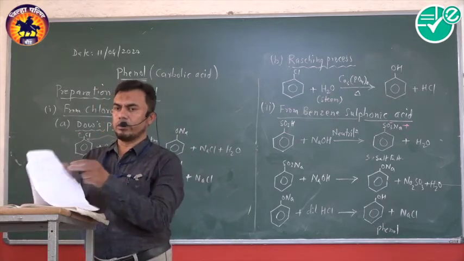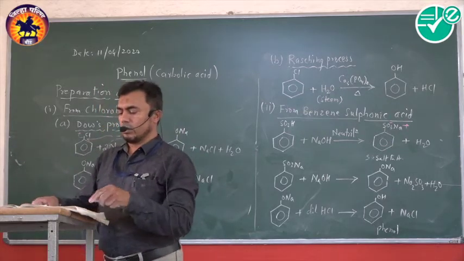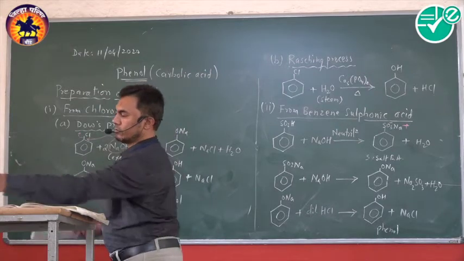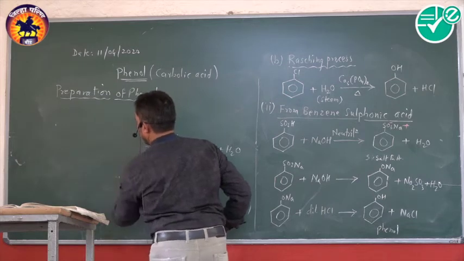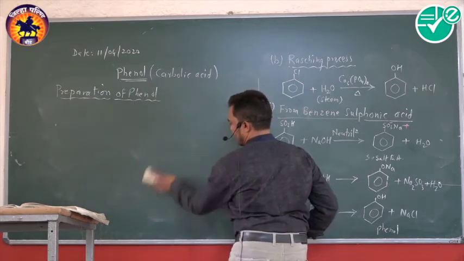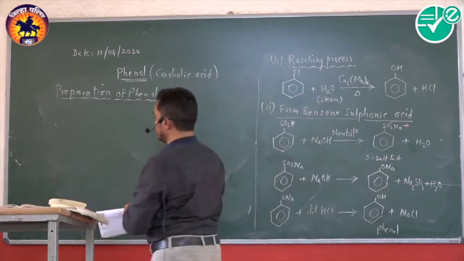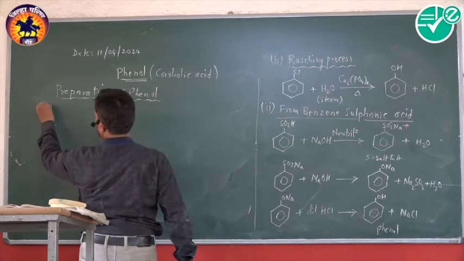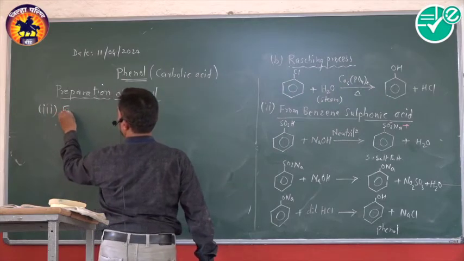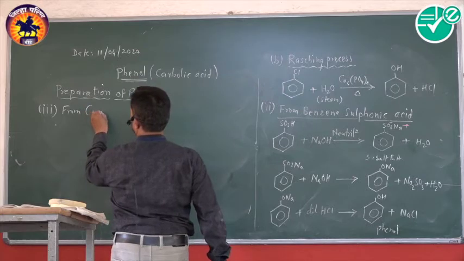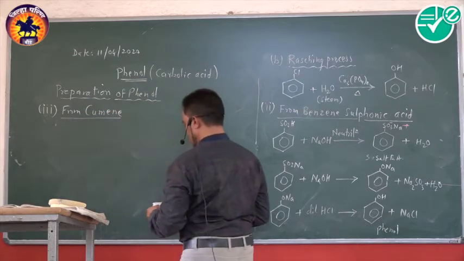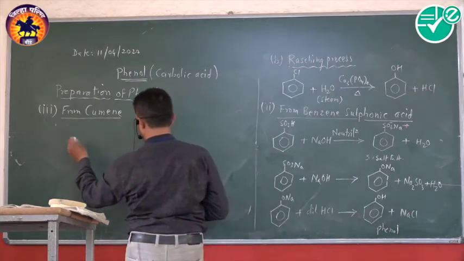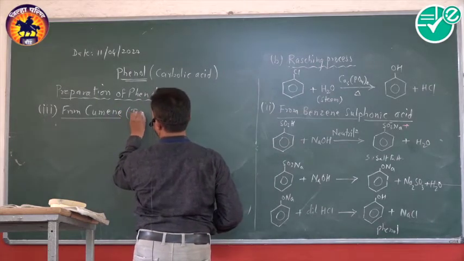We will move to the next method, that is from cumene. This is a very important method. Remember, all are very important as far as the exam is concerned. So next, that is cumene. Now this cumene is nothing but isopropyl benzene.